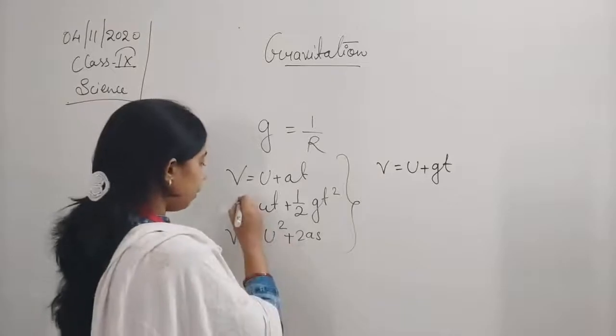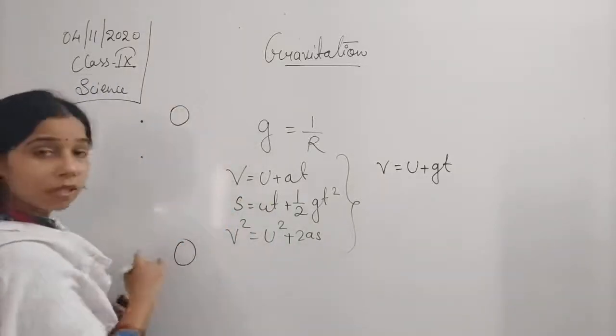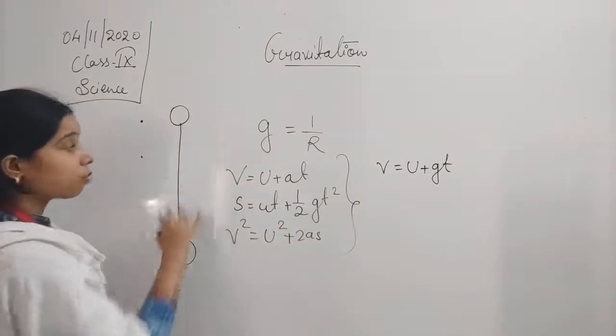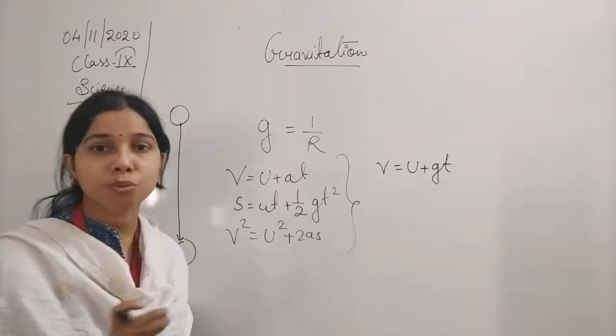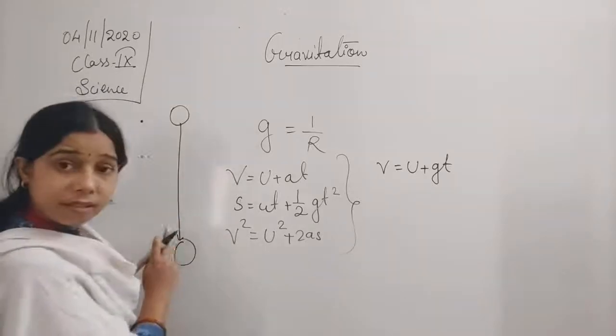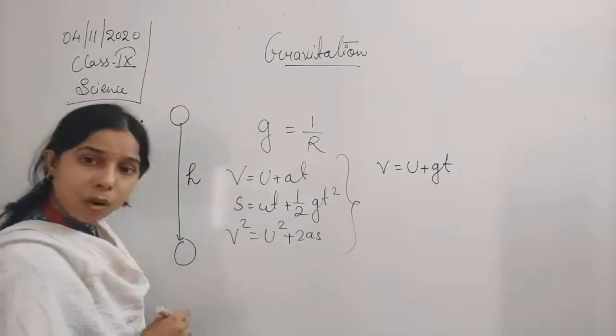If a ball is coming from one place to another, this is the distance traveled by the ball, so instead of writing s, we will write h.